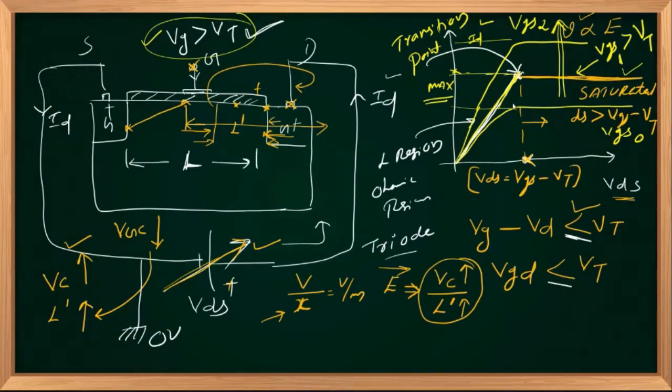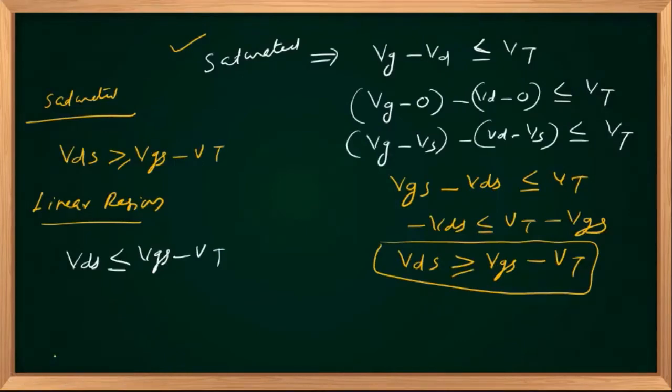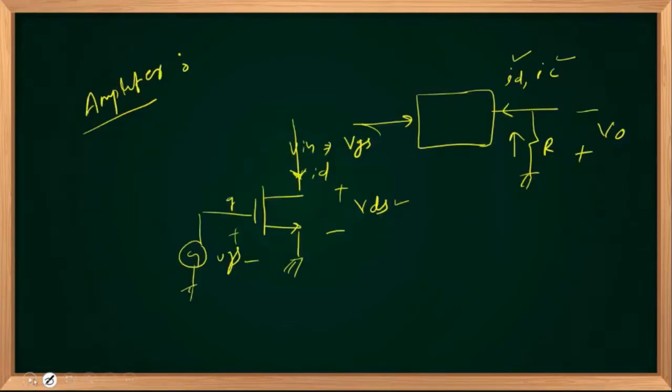So your bipolar junction transistor acts as an amplifier in active region or linear region, whereas your MOSFET acts as an amplifier in saturation region, not in linear region. Right? And current gets constant or maximizes when VDS reaches VGS minus VT value, or if VDS is greater than VGS minus VT value, then also the current is constant.